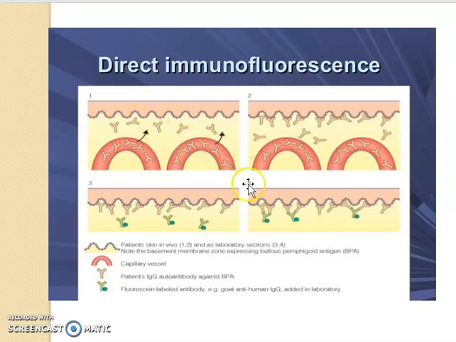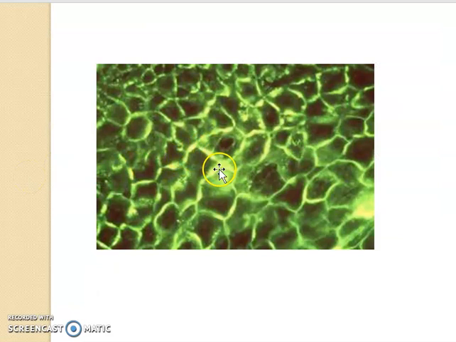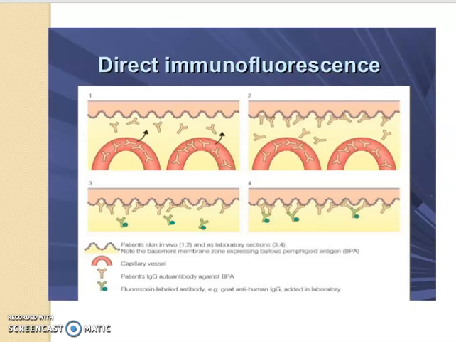When we treat the slides with fluorescent-labelled antibody, it attaches to the autoantibodies and fluoresces, giving colors at specific locations. So this is the concept: the fluorescent-labelled antibody attaches to the autoantibodies that exist at specific locations in the epithelium, right?